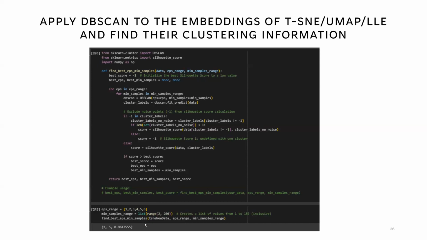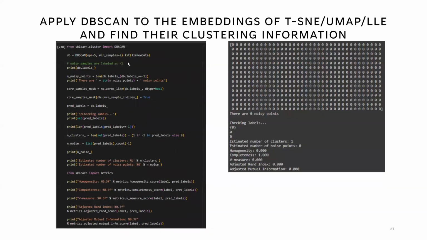At the bottom, I set my EPS range and my min samples range, and I apply the function find best EPS min samples. This tells me that 2, 5 is the best min sample, and that was the outputted score. Now, this was for t-SNE, and I guess this is an example for LLE.